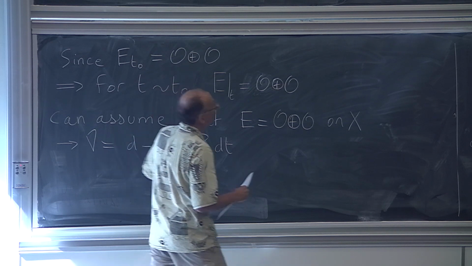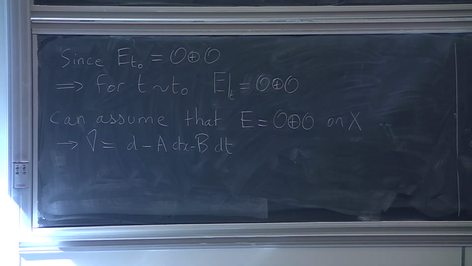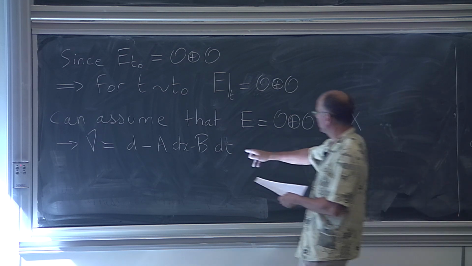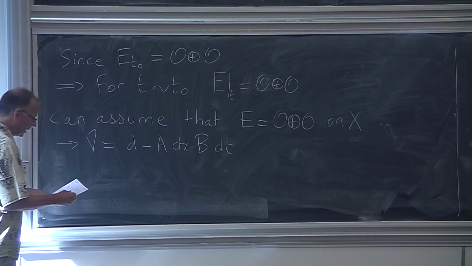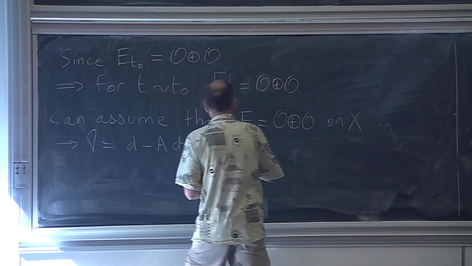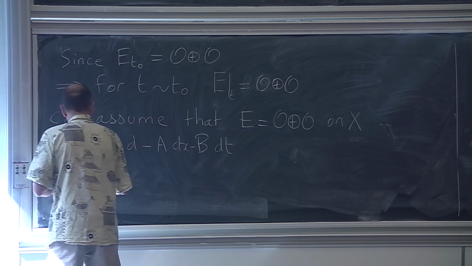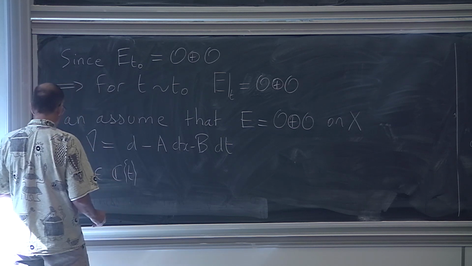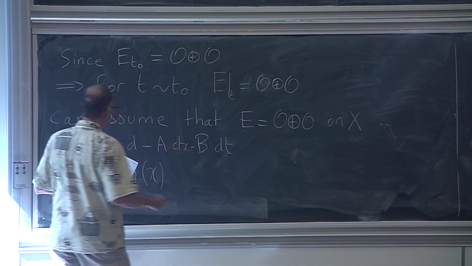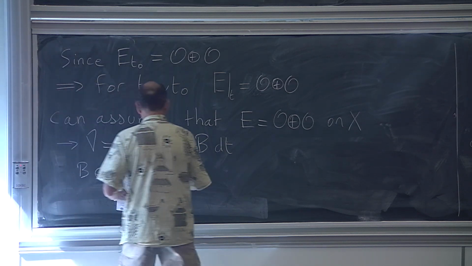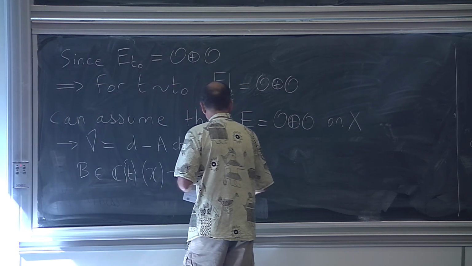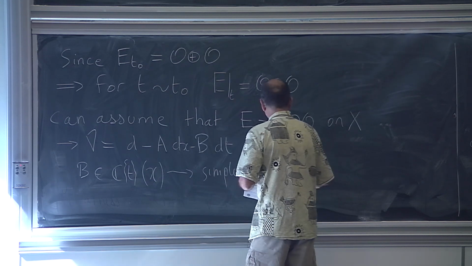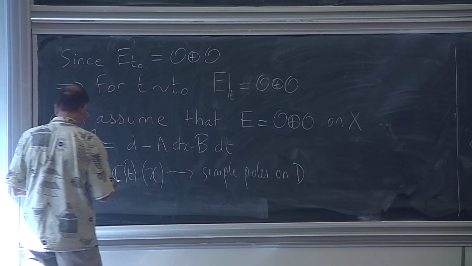So the dx part will be, up to a gauge transformation, the initial family of systems. And I have to understand what is the dt part, so the B side of the matrix. So this B belongs to C of T. So it is analytic in T, but with poles in X. Precisely, you have simple poles on D, which are moreover logarithmic.